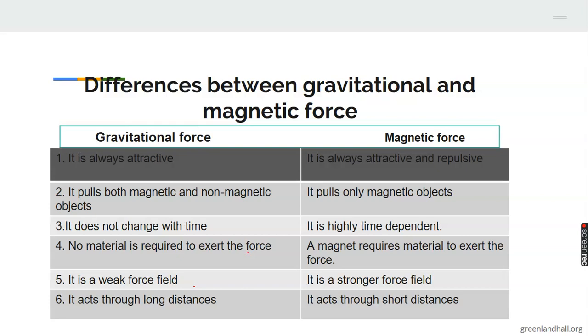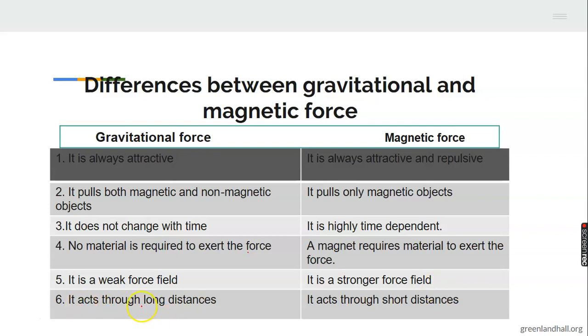Weak in the sense that it does not cover just a small neighboring point, it covers everywhere, so it could be a weak one. Magnetic force is a stronger force field. That means it's very strong when the magnet and the magnetic material that the magnet can attract are within the vicinity of the force field.